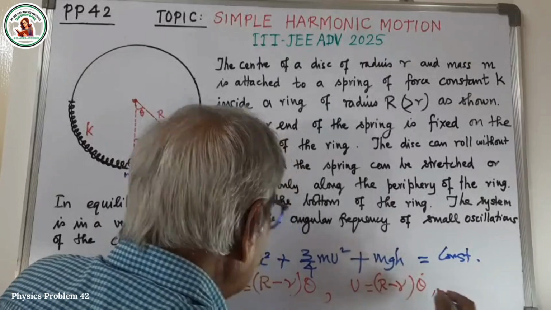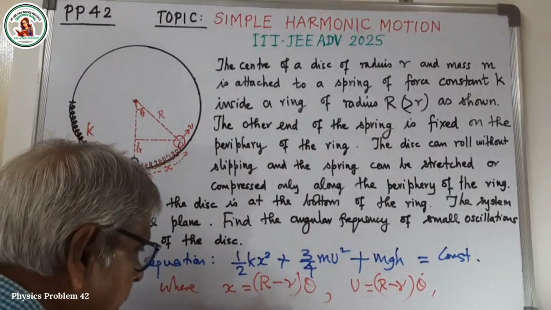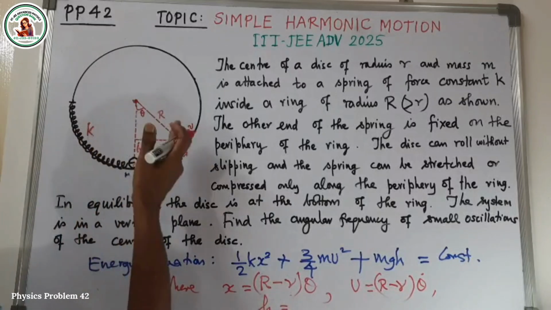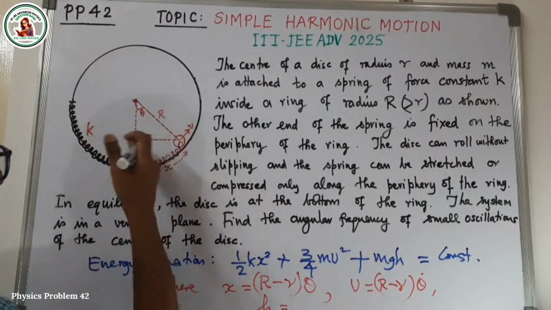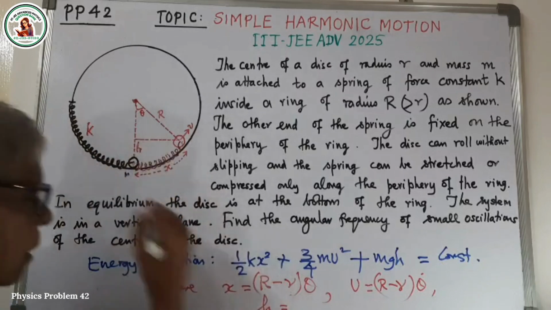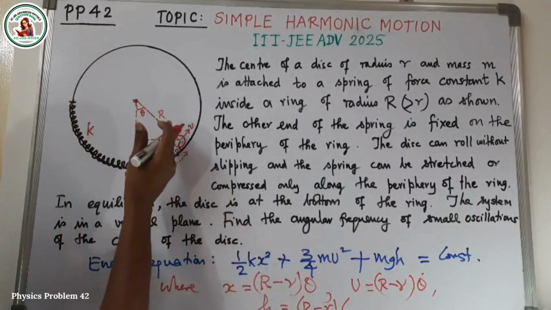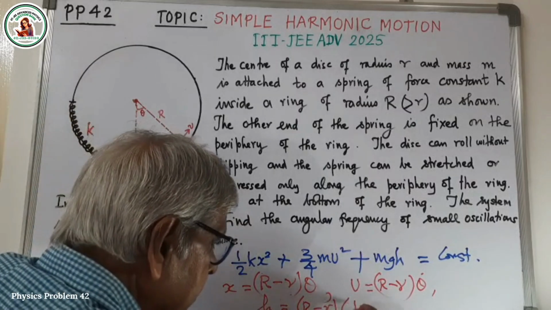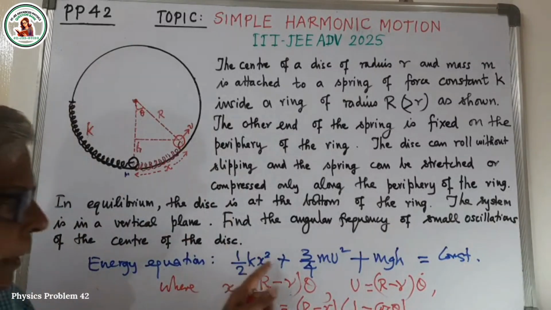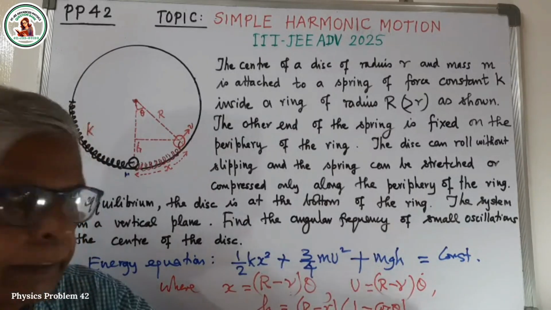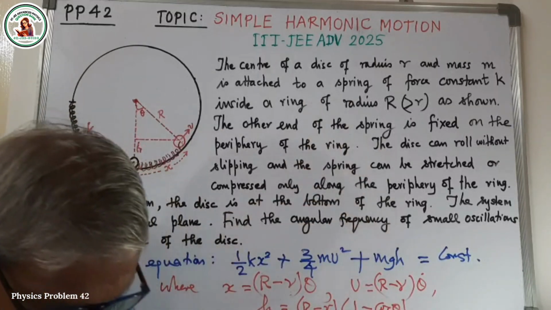And h is the vertical height: the original distance from the center is R minus r, and the final distance is R minus r cos theta. So h will be (R minus r) times (1 minus cos theta). These are the quantities involved, x, v and h are given here. So we now substitute and proceed further. I will clear the board for further steps.